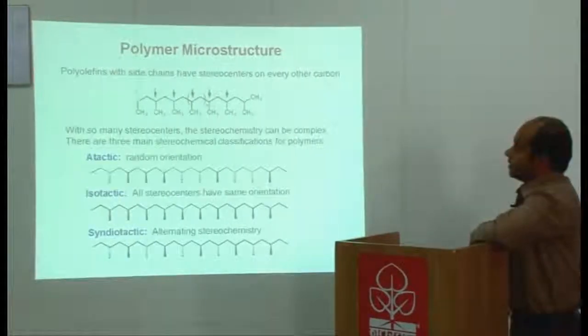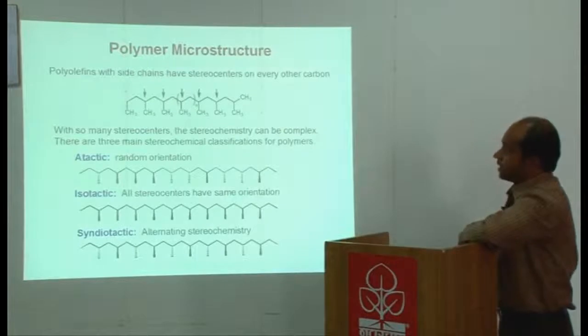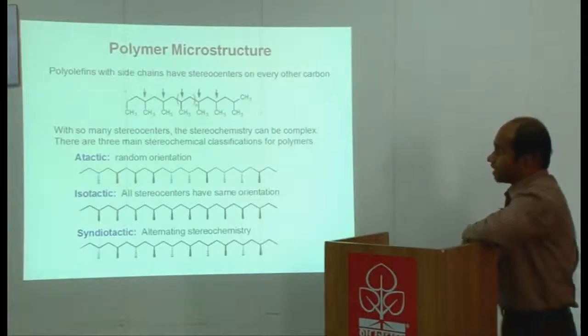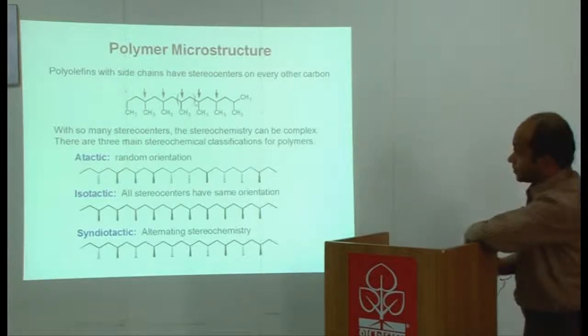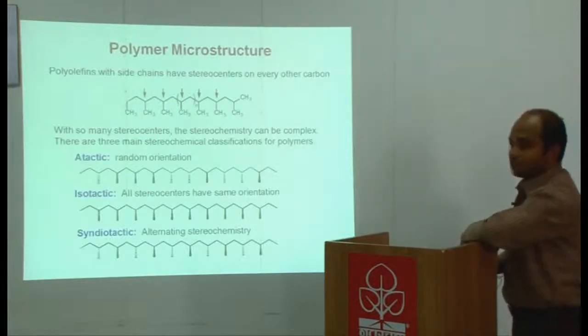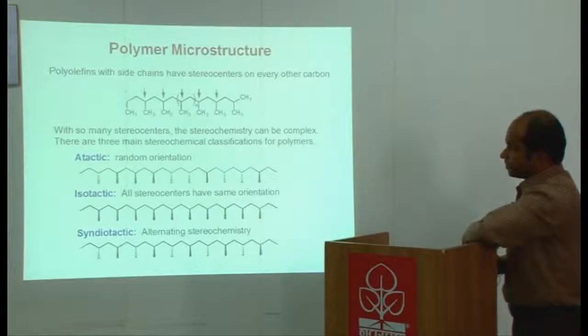If a polyolefin has an asymmetric carbon or a chiral carbon, and if there are multiple asymmetric carbons, there will be many stereocenters. When you have so many stereocarbons, the stereochemistry is quite complex and the number of resultant products will be manifold.